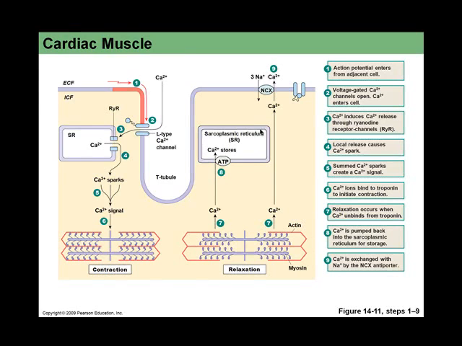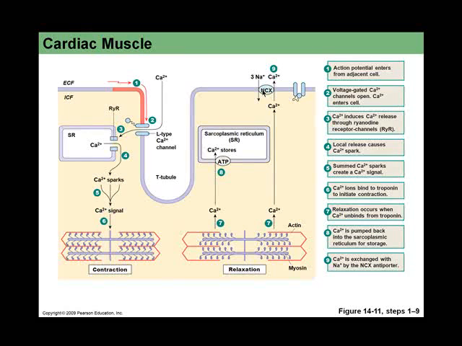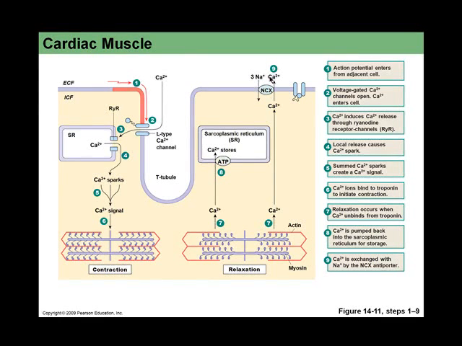There is a second calcium pump, and this is to efflux out of the cell, the cardiac myocyte, and this is a sodium calcium antiporter, the NCX transporter. So the N is the natrium, C is the calcium, and X is for exchanger.